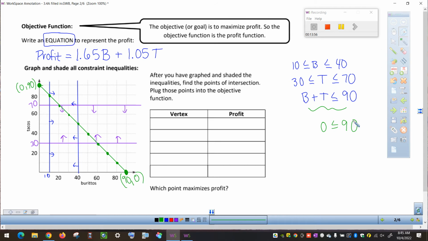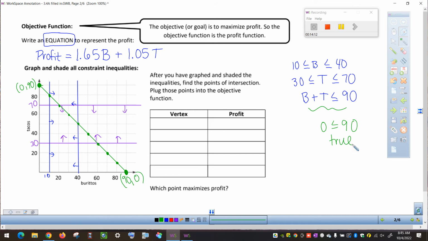Well, in this case, if we plug in 0 for b and we plug in 0 for t, we end up getting 0 is less than or equal to 90. Is that true or is that false? That's true. Okay, so what direction should we shade? Should we shade above the line or should we shade below the line? Shade down below, yeah. So 0, 0 would be right down here in the corner.